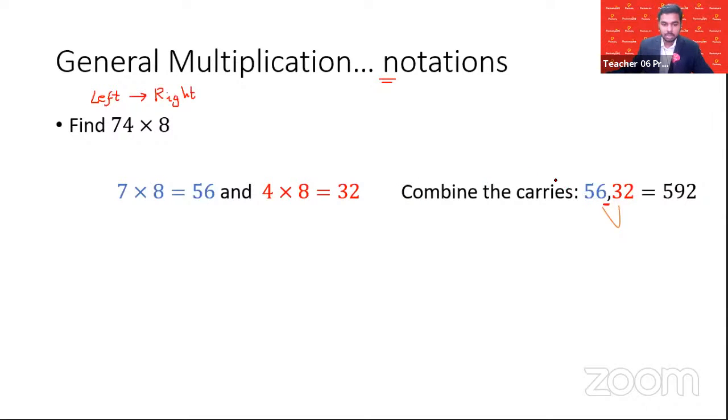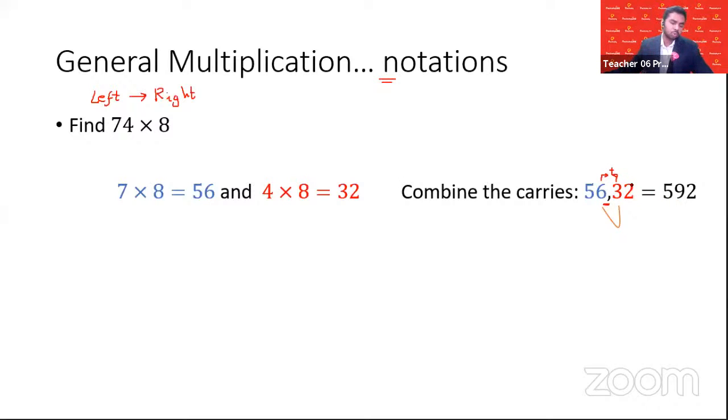And since this is a base 10 and 100 multiplication, what we should do is combine the last digit of the rightmost entry with the units digit of the leftmost entry. So you have to do 6 plus 3. So 6 plus 3 is 9. So the answer has to be 592.